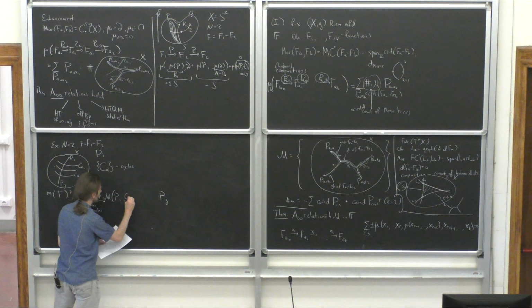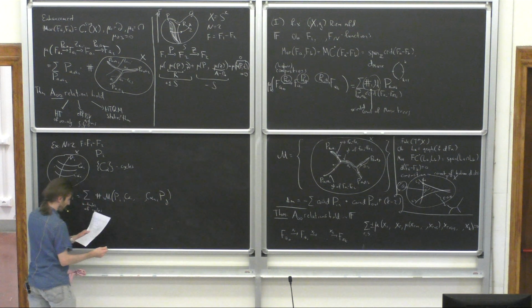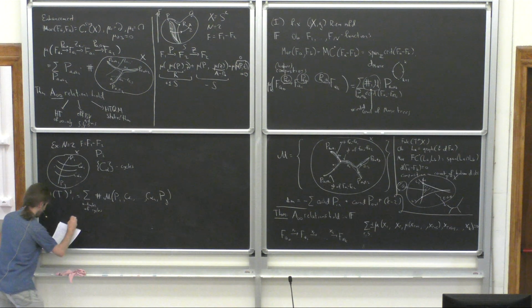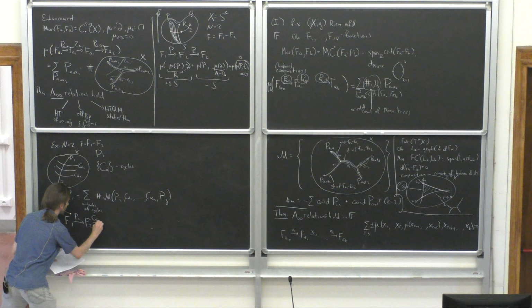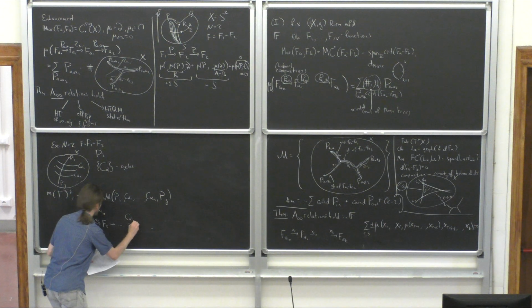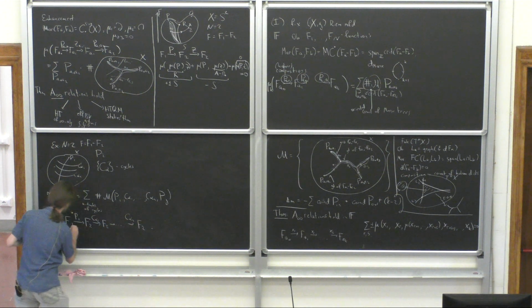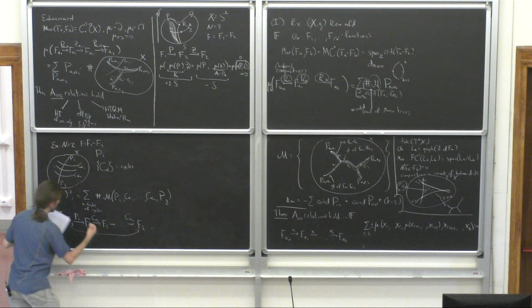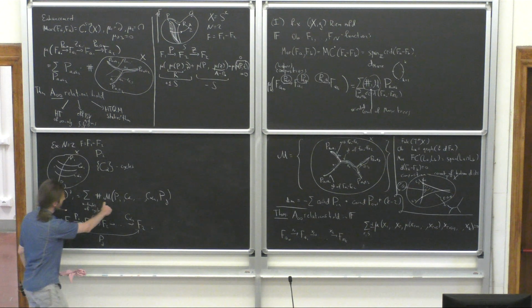This corresponds to looking at the composition, for instance, like that: from F1 to F2, I take Pi, then I take C alpha 1 to F2, and so on, C alpha n to F2. I'm thinking about this higher composition, and I'm taking the coefficient of the critical point Pj. So this is this number.